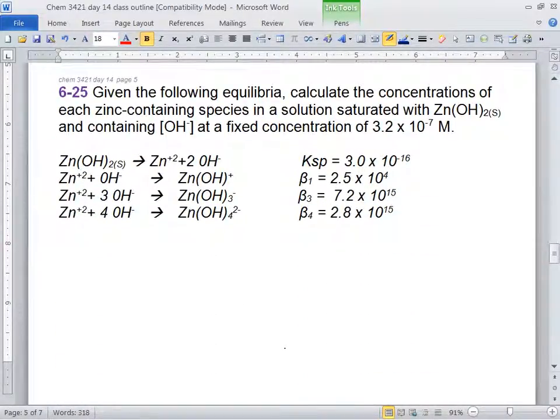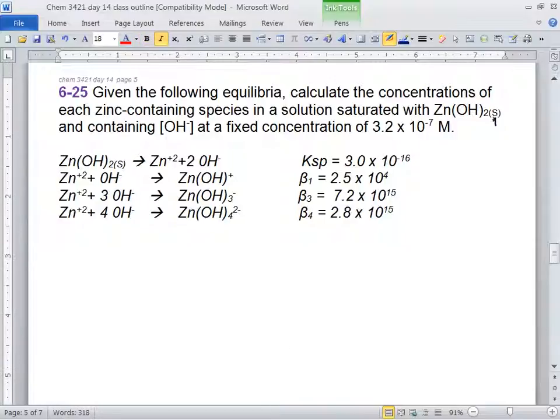All right, I wanted to get to this because no one likes these except Ida. That's why we'll ask her about them. We're given the following equilibria. Calculate the concentrations of each zinc-containing species in a solution saturated with zinc hydroxide. That's a solid, see the little S on there?